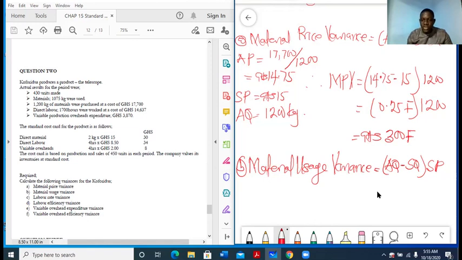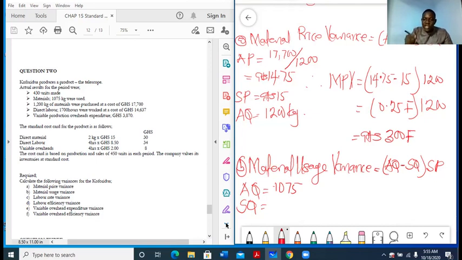Our AQ, the actual quantity of materials, we were told that 1,075 kg were used. So AQ is 1,075. For our standard quantity, we're required to use 2 kilograms of materials to produce a unit. We produced 430.